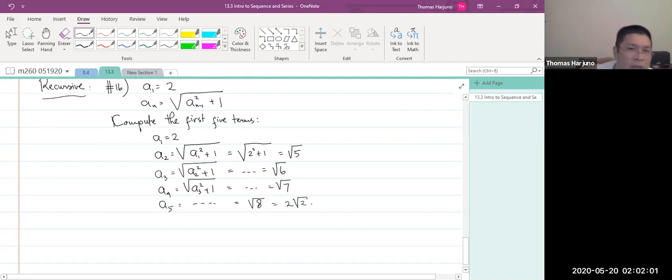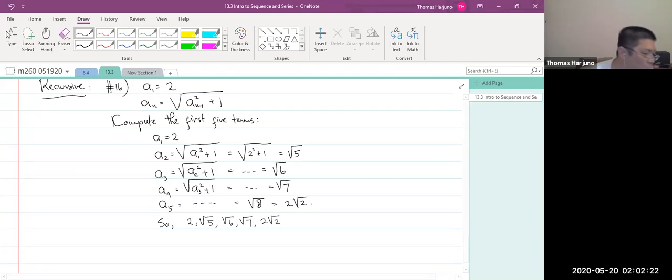I will write it as square root of 8 first, and then simplify. So the first 5 terms will be 2, square root of 5, square root of 6, square root of 7, and 2 square root of 2, or you can just leave it as square root of 8, that's also fine.